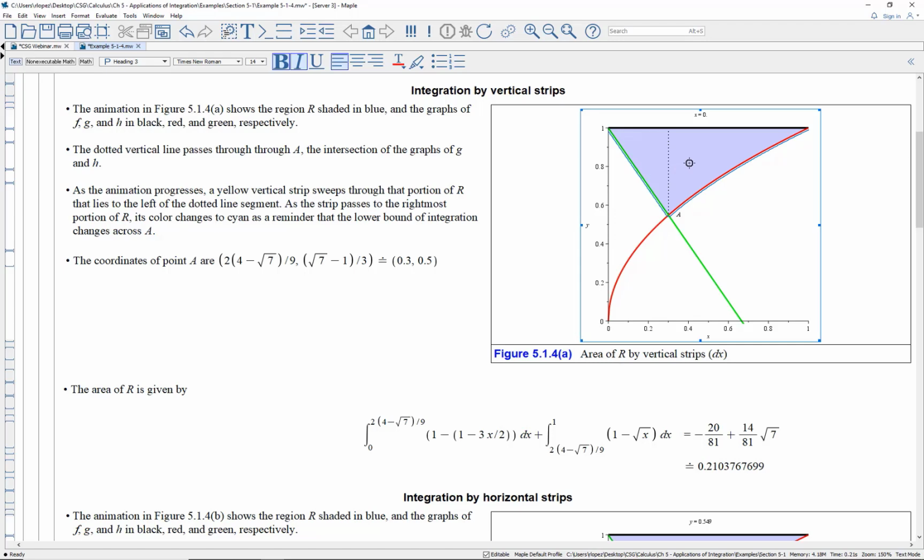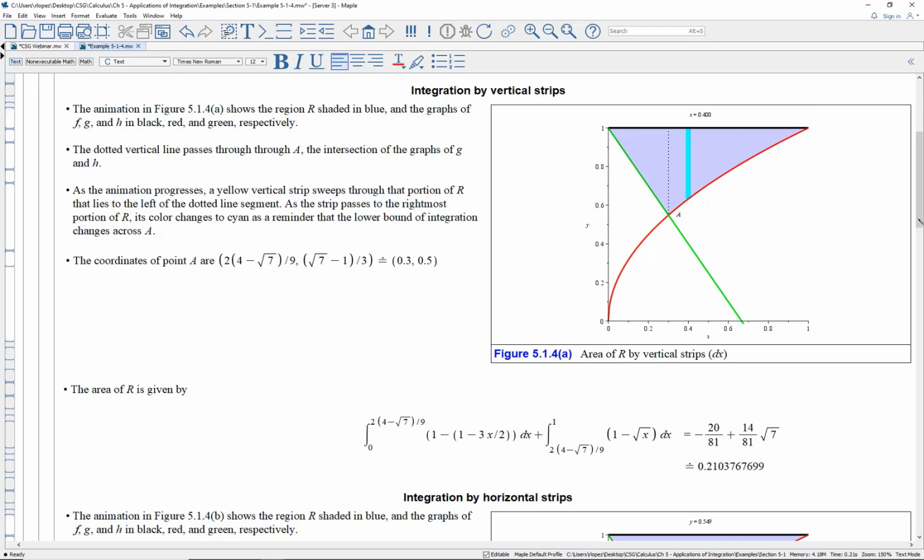And this being an animation shows that as you integrate in dx, when you cross over at point x equals a, or the x coordinate at a, the bounding curves change. Here it's from the green to the black, and here it's from the red to the black, so you need two integrals.